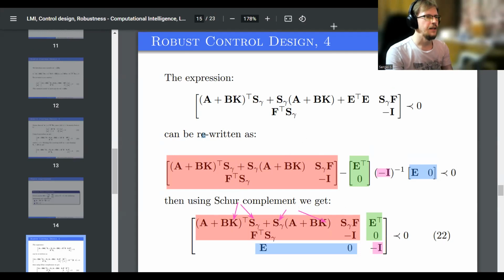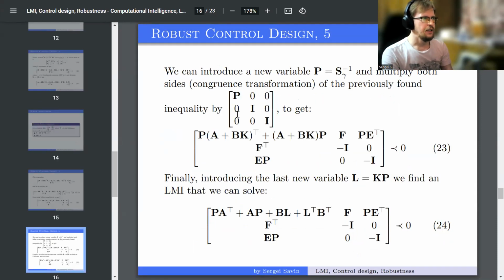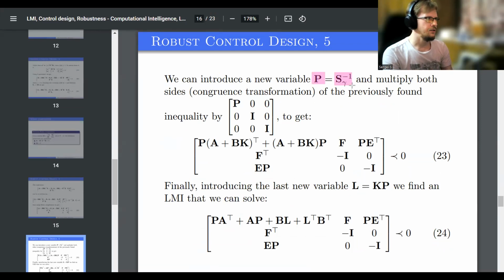Well, let's finally find a solution. We, as before, introduce this new variable P that is C gamma inverse.